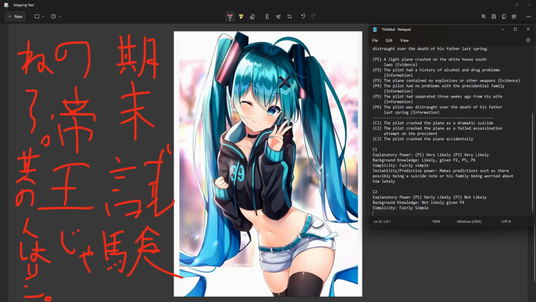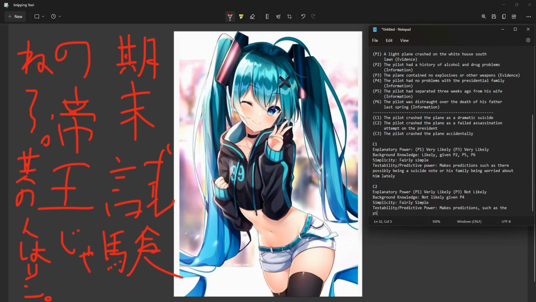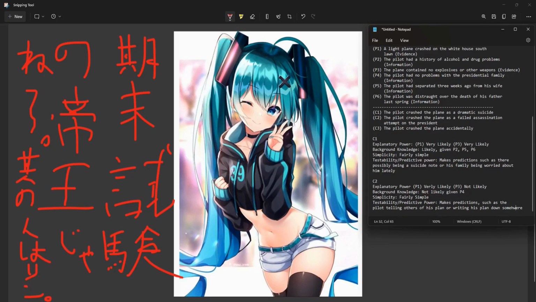And then for testability / predictive power, it makes predictions such as the pilot telling others his plan or writing his plan down somewhere. Let's spell that correctly now, shall we? And that is the good one.